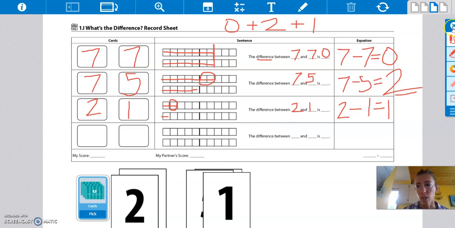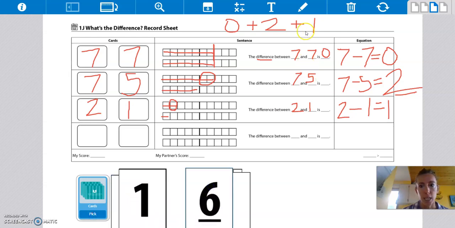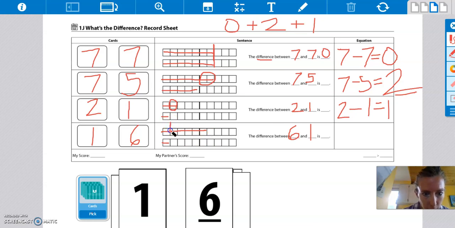Okay, let's see what my total amount is going to be and see if you can beat me. I have a 1 and a 6. So I'd write that in, a 1 and a 6. I'm going to do my bigger number on the top and 1 here. The difference between a 6 and a 1, oh, there's a big difference here. They'd be the same right here, but now what's the difference?